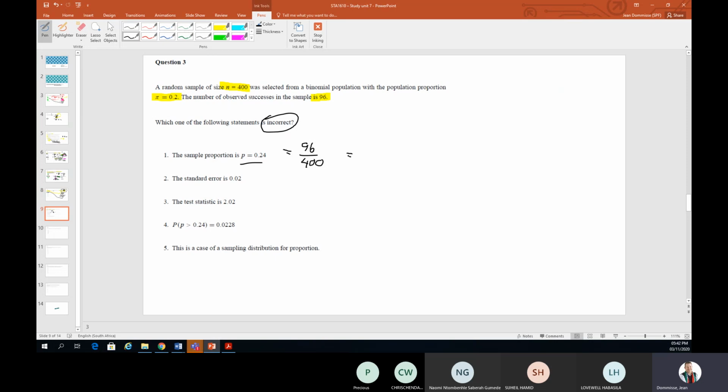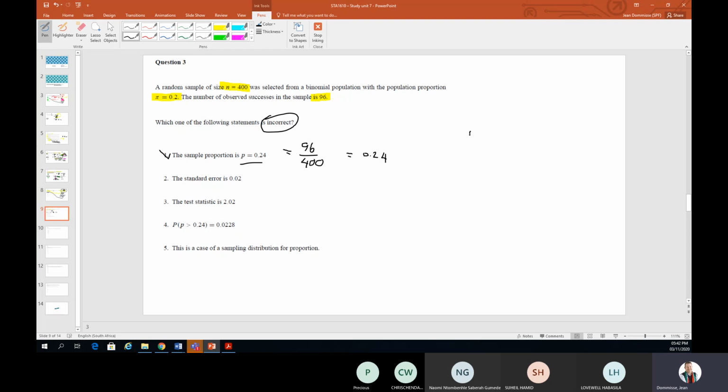So 96 divided by 400 is 0.24. Okay, so that is unfortunately correct. So we're not done yet. Okay, the standard error.